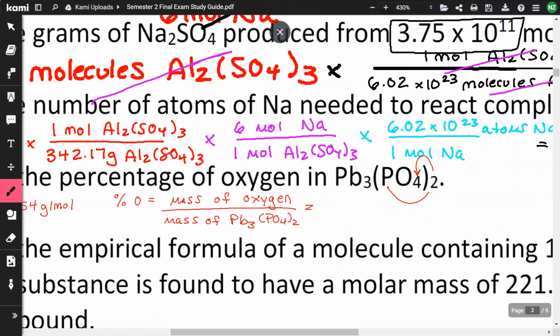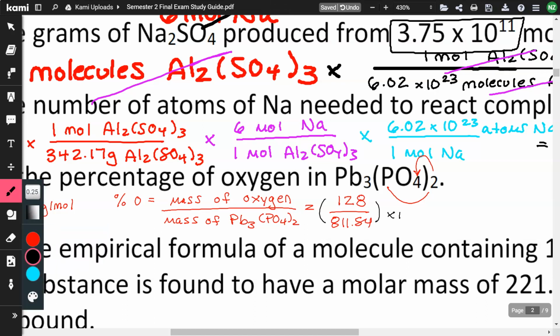So just the oxygen, that's 8 times 16 is 128. And then our whole compound, when we figured it out, was 811.54. To get that as a percent, we need to also multiply that by 100. So 128 divided by 811.54 times 100, you get 15.8%.